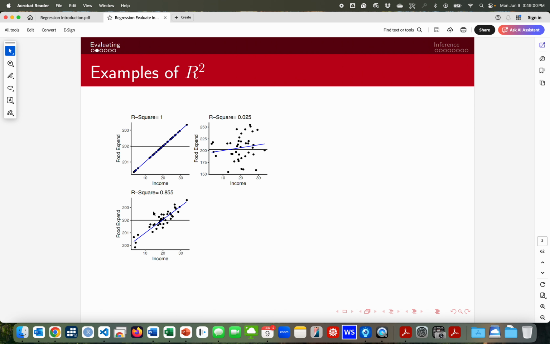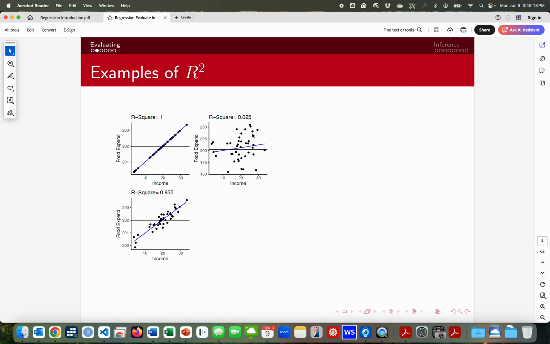Now this bottom left, the R-square is 0.86. And notice the points are close to the line, but not exactly on the line. They're further than we get in this plot, but closer than we get in this plot, and we get an R-square of 0.86.